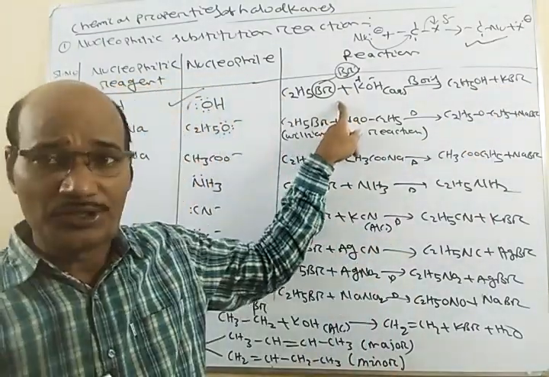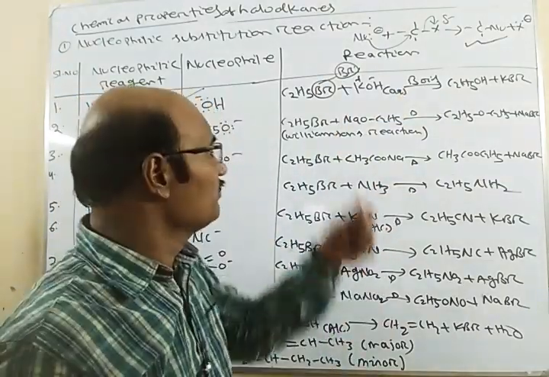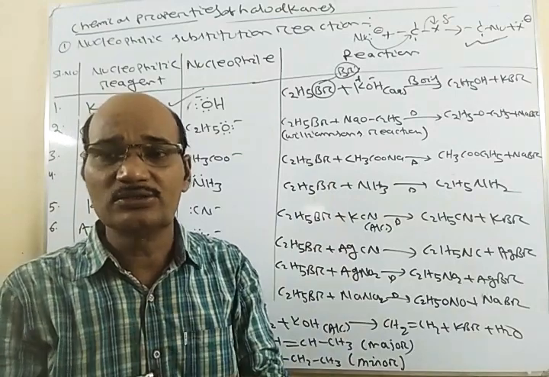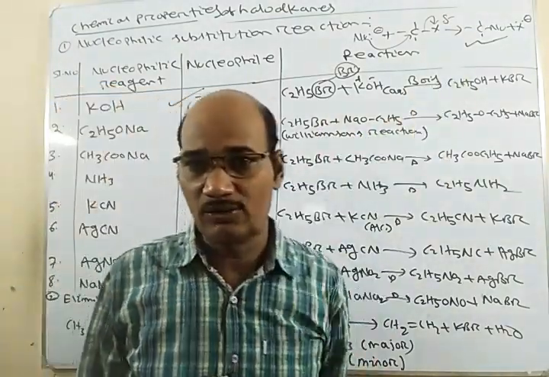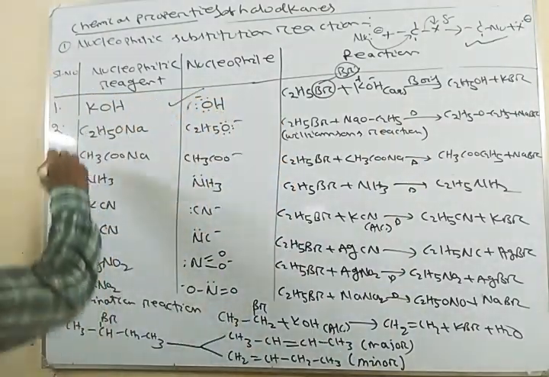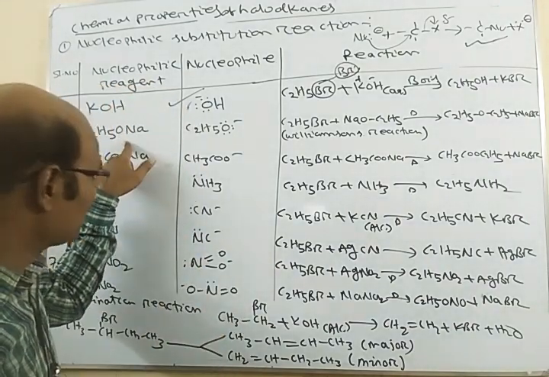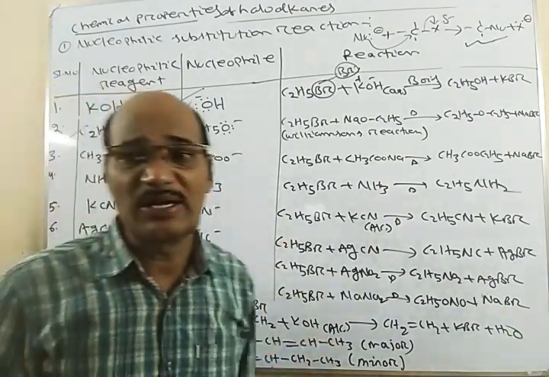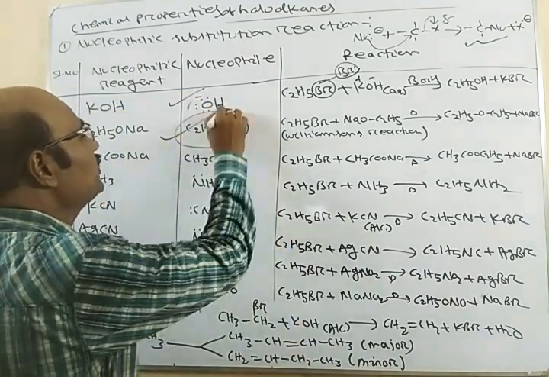Br minus is also a nucleophile, but the OH minus ion is a better nucleophile than Br minus. So OH minus replaces Br minus, and we get ethyl alcohol when we use aqueous KOH. Similarly, if I take C2H5ONa as the reagent, I get C2H5O minus, the ethoxide ion, which is the nucleophile.